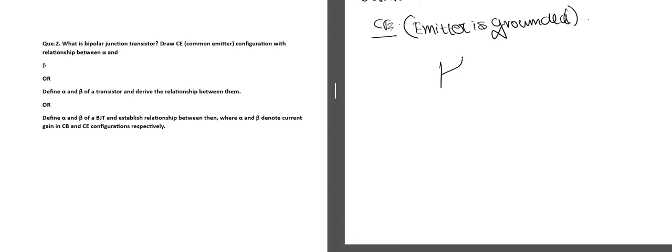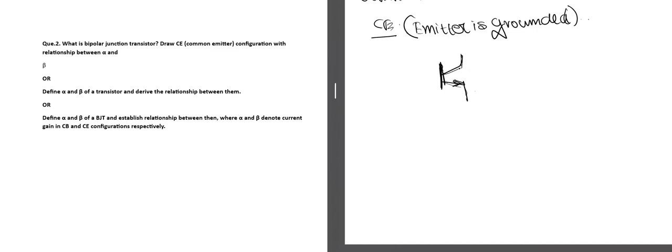The basic concept behind CE mode is that the emitter terminal of the bipolar junction transistor is connected to ground. This is the symbol of a bipolar junction transistor. This straight line denotes the base, the terminal with the arrow represents the flow of current and is the emitter terminal, and the upper terminal is the collector terminal.